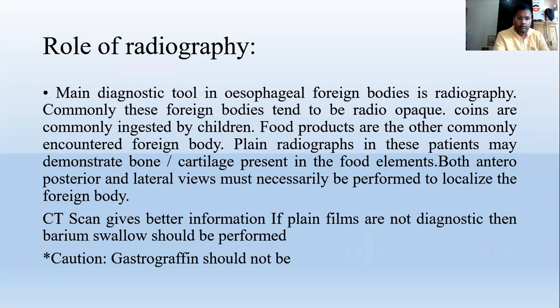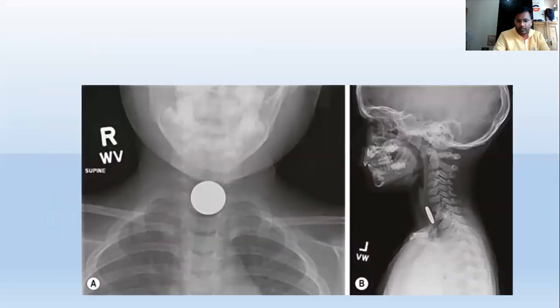Always take both views, AP and lateral, so you can ideally find out where the foreign body is. You can see these pictures. With this X-ray AP view, you cannot say where the foreign body is.